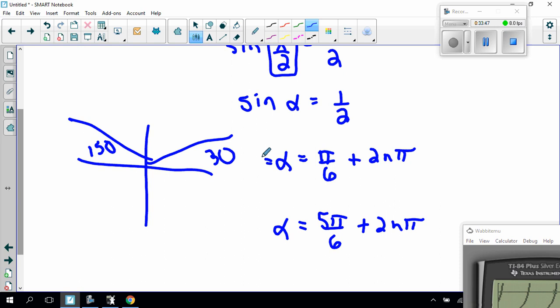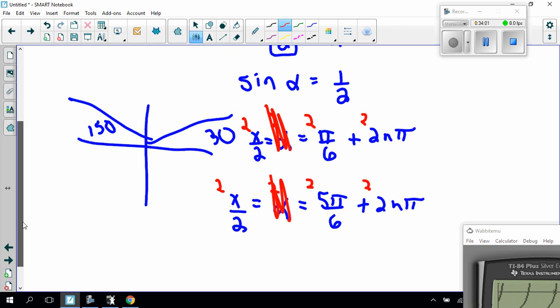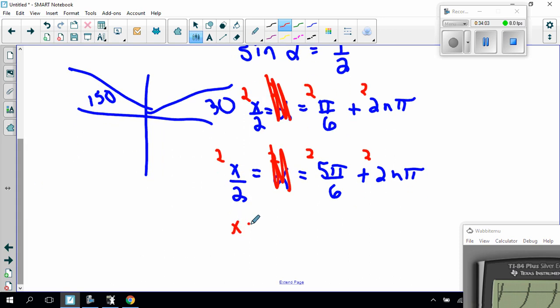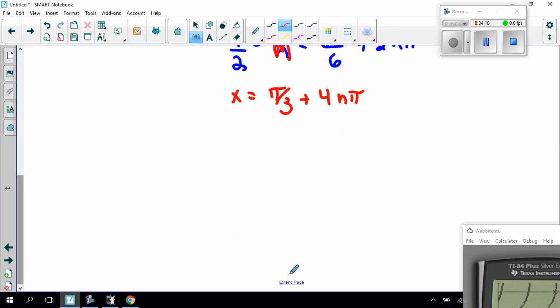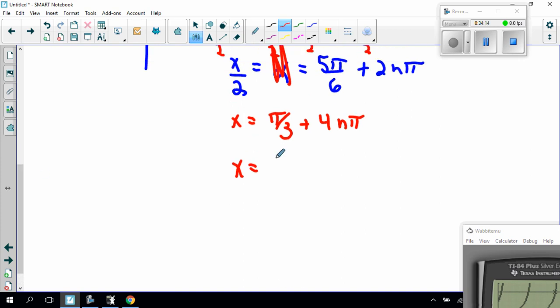That alpha is x over 2, and multiply by 2's. Don't care about 2 alpha. x equals pi over 3 plus 4n pi. Alpha equals 10 pi over 6.